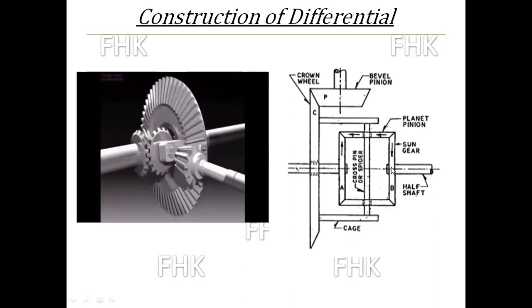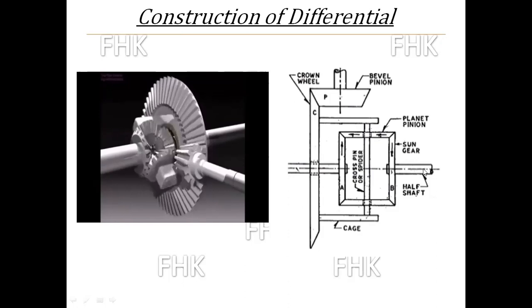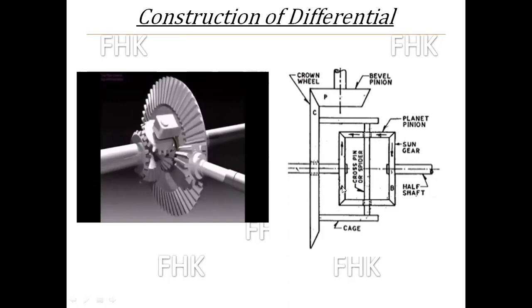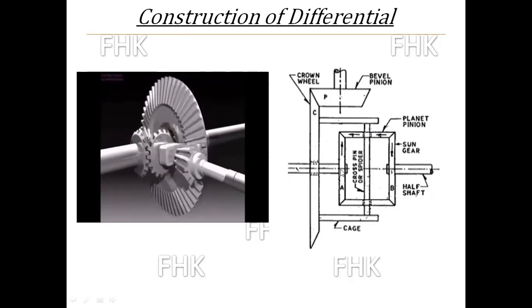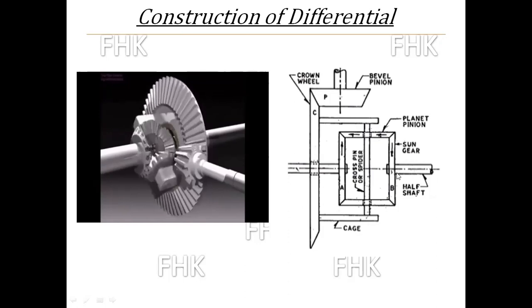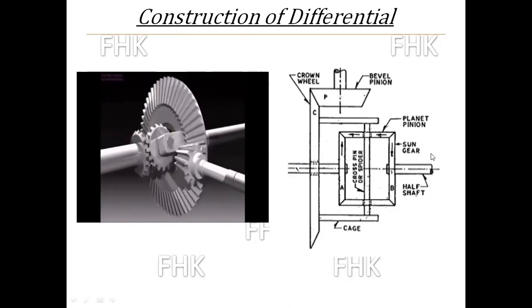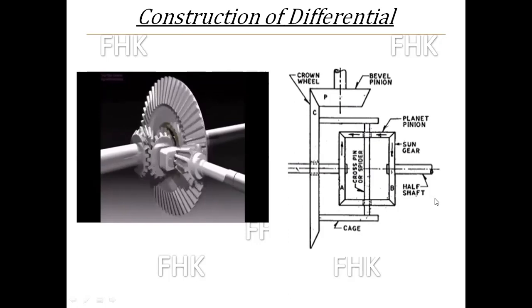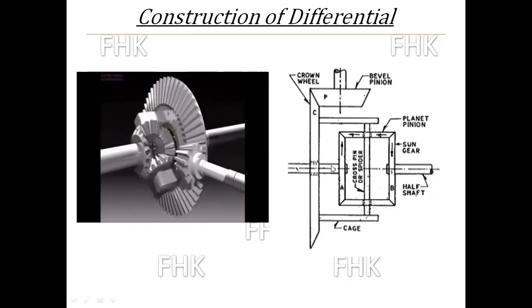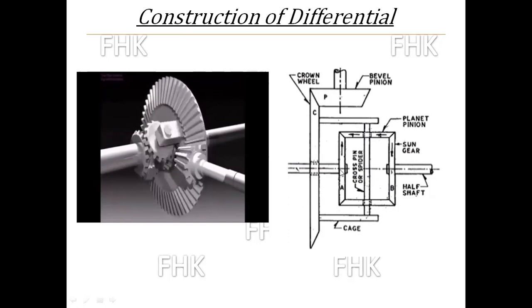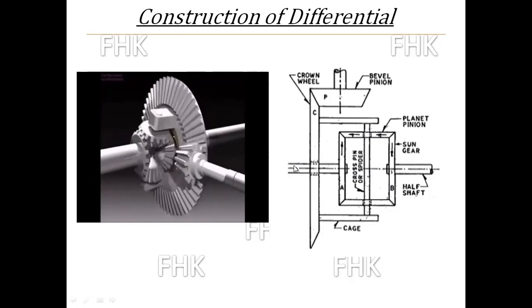Sun gear B is connected to a half axle of the differential unit, and sun gear A is connected to another half axle. This half axle is further connected to the right side back wheel, and the half axle connected to sun gear A is getting motion and is further connected to the left hand side back wheel.